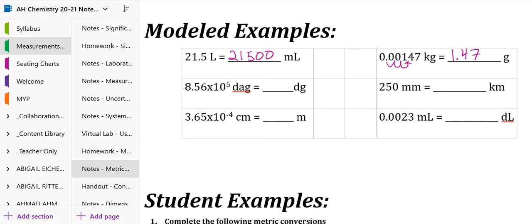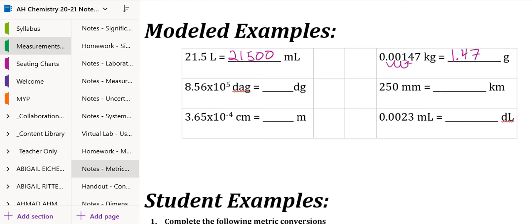What about the next one? 8.56 times 10 to the 5th decagrams to decigrams. Well, I've got the number in scientific notation. That actually makes it easier, right? I already have it written as a number multiplied by 10 5 times. How am I going to change it going from decagrams to decigrams? Am I going to multiply it by 10 or divide it by 10? Am I going from bigger to smaller or smaller to bigger?